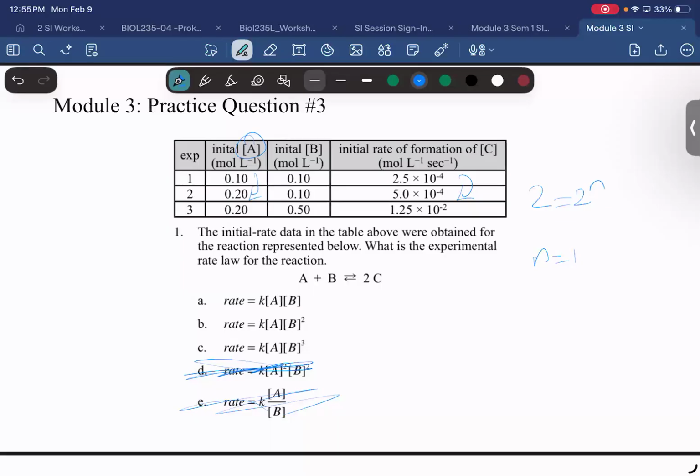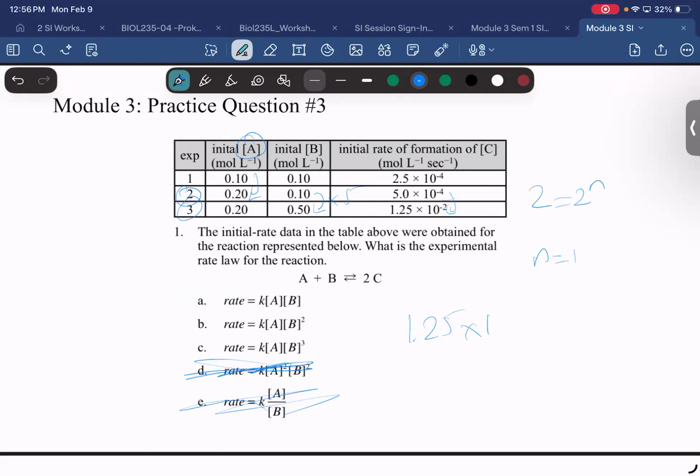Don't fall asleep. Okay? Next up, we have to look at experiments 2 and 3, and we see that as this is multiplied by 5, the rate is multiplied by a certain number. Even if we're not able to find that number, we can still figure it out. One thing we can do is try to divide.